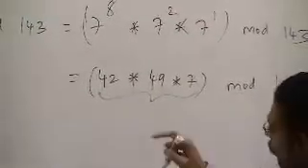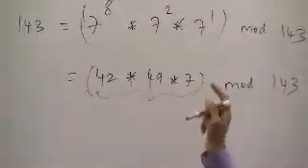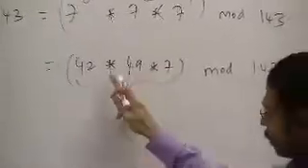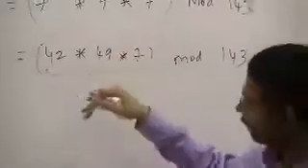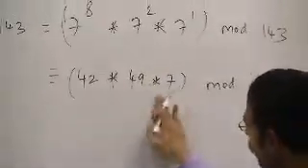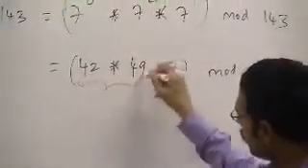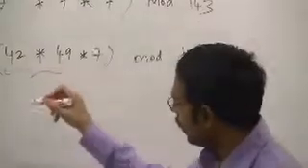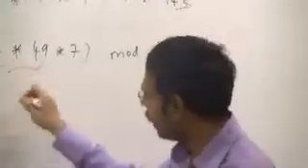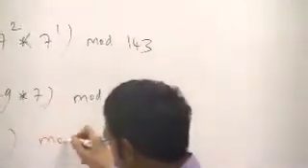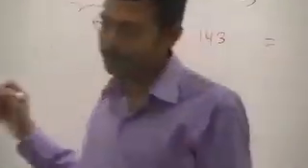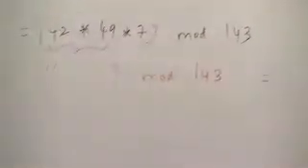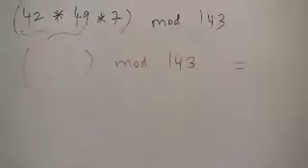What you can do is step by step. Anyway, you're doing 2 multiplications, right? But you can work with smaller integers by doing what? Find 42 times 49, and whatever it is, take mod 143. 56.